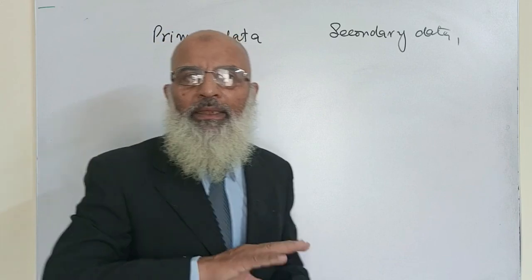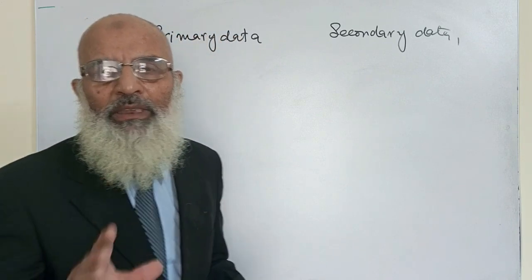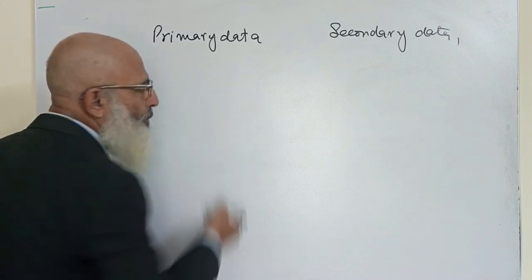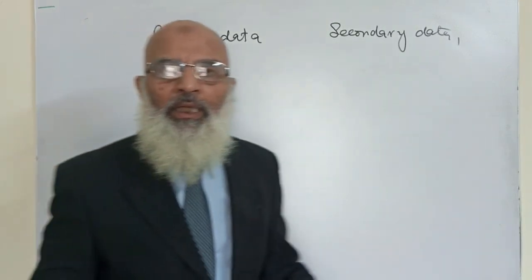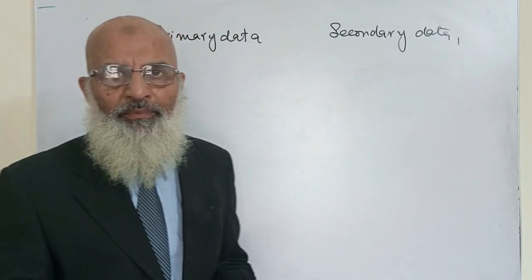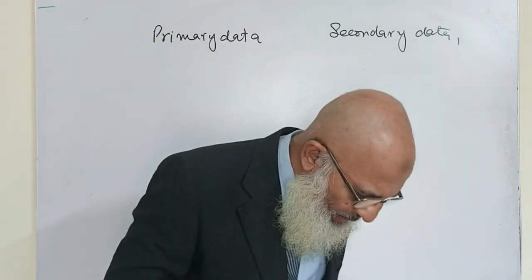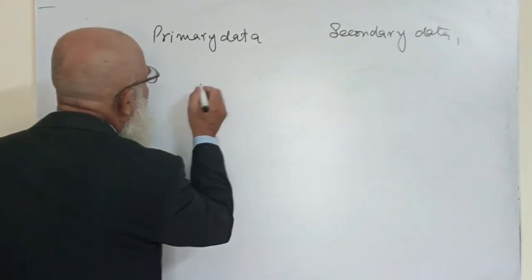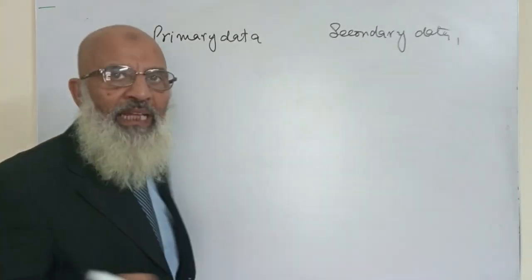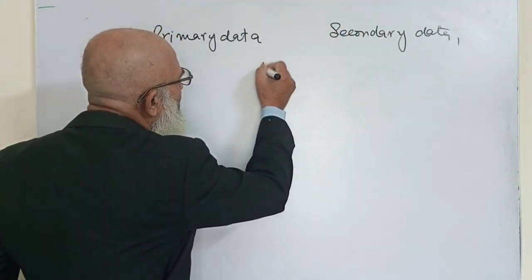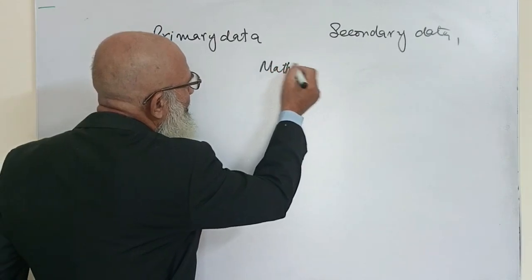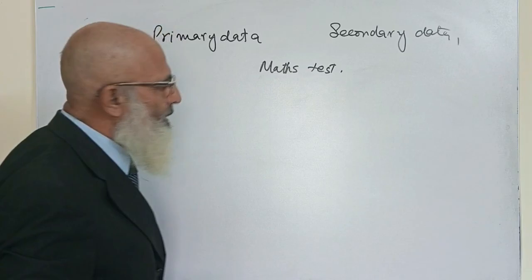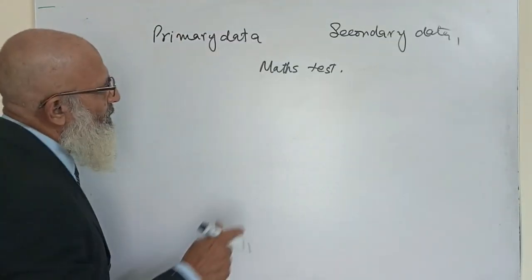First of all, there is a way to organize which is called the tabular form. Tabular form means to make a table out of it. For instance, we have conducted a maths test among 20 students.